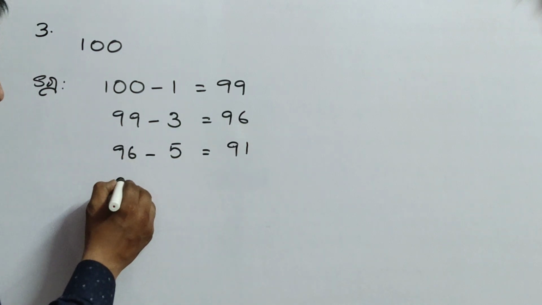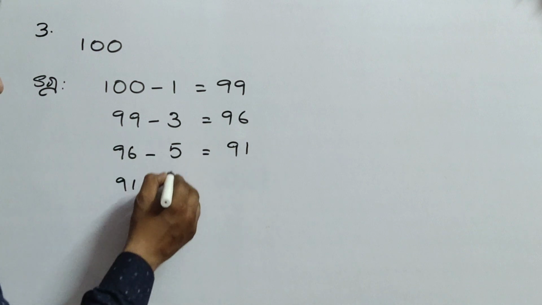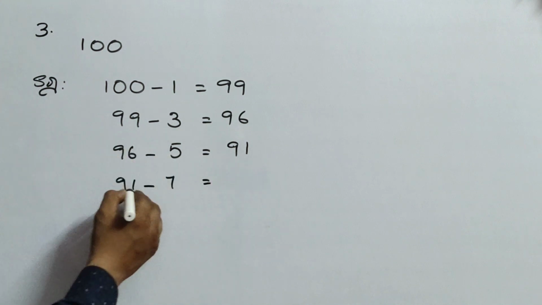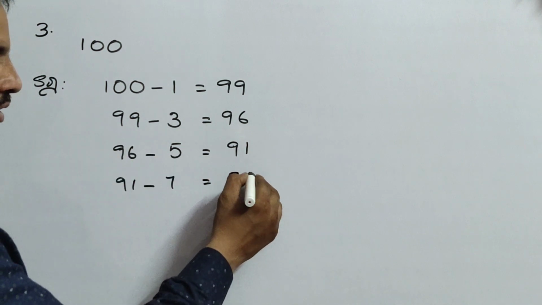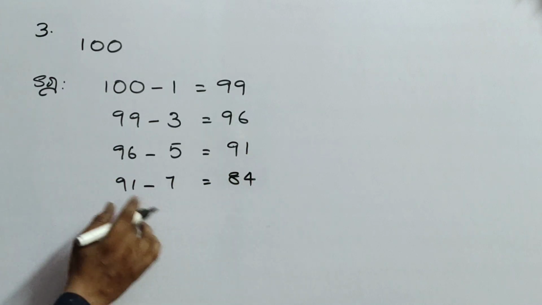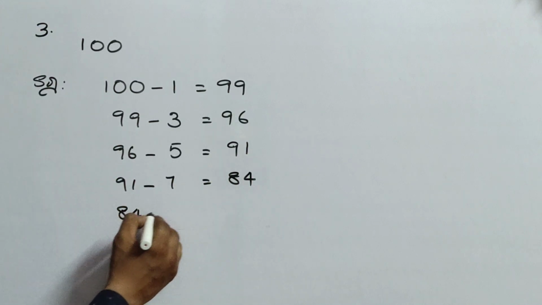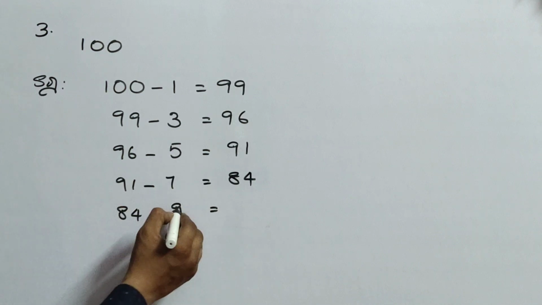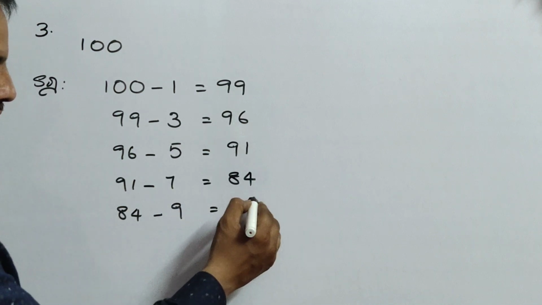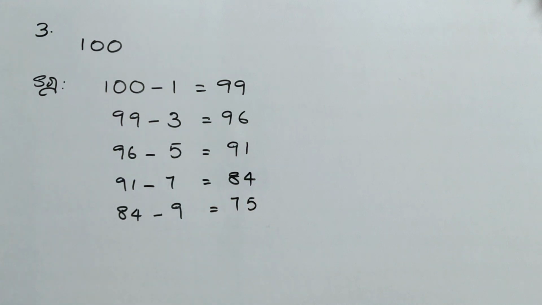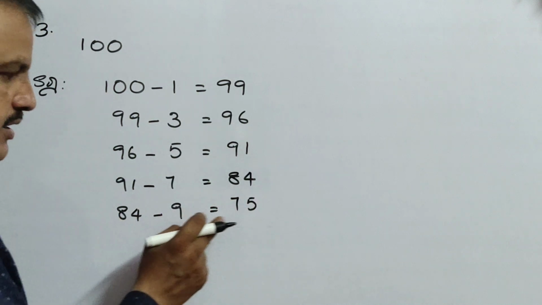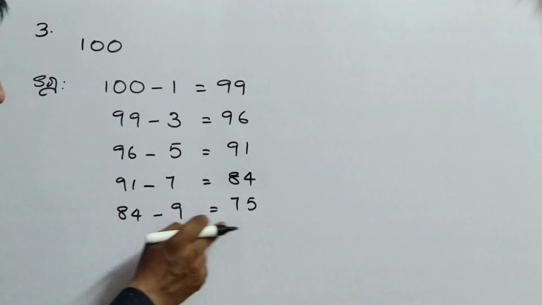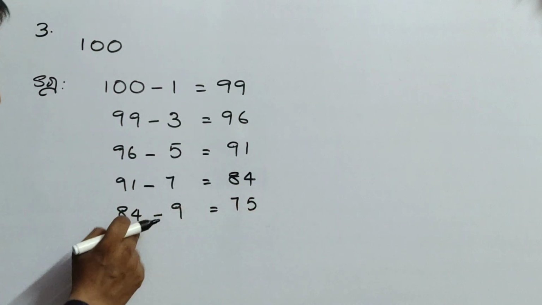Next, 91 minus 7. 91 minus 7 is 84. Now again write here 84. 84 minus 9 is 75. Check it: 9 plus 5 is 14, 1, 8.